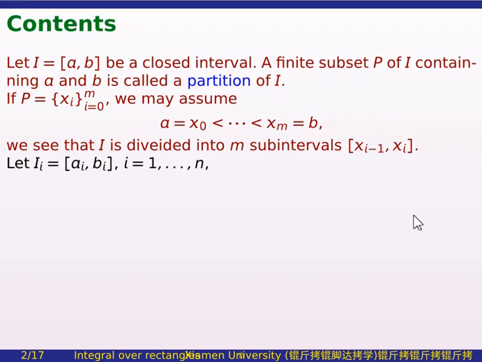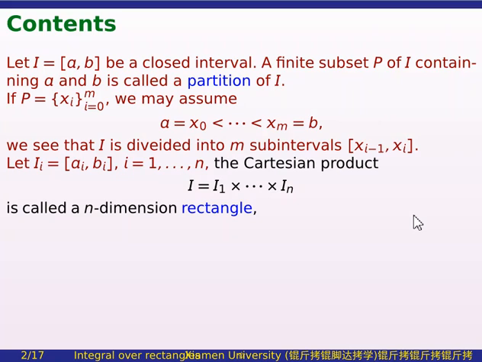Suppose we have n intervals Ii with endpoints ai and bi. Then we take the Cartesian product of these n intervals, I1 times I2 times up to In. This is called an n-dimensional rectangle. The Cartesian product means I is a set of n-dimensional points.